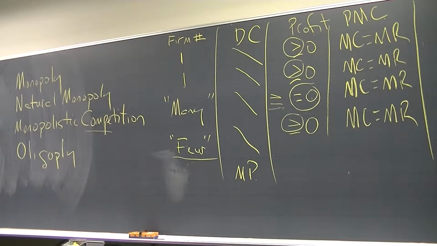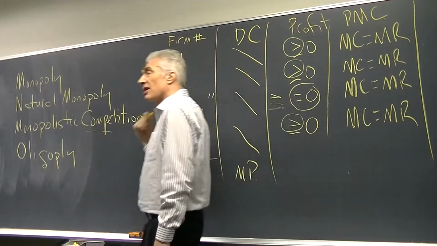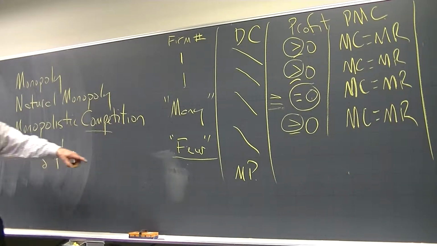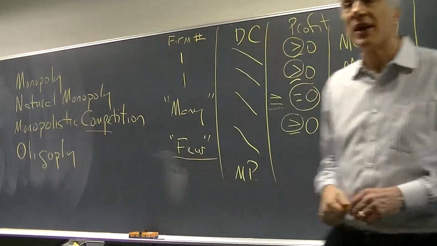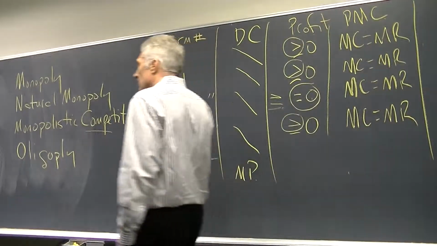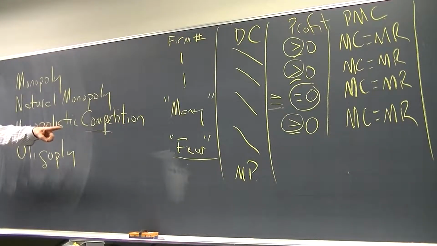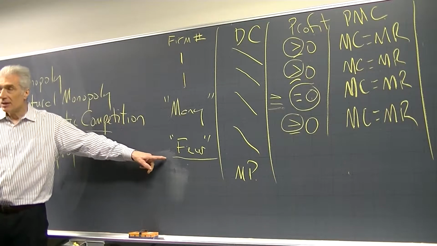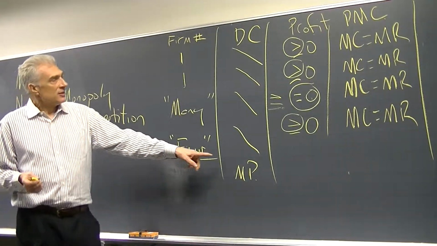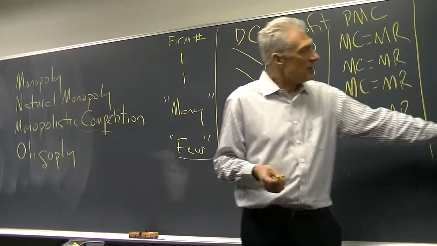So now you can understand there are a lot of similarities. In this chart, that's the one difference. Other than that, they're all the same. So now we have to figure out how we really tell the difference. We say there are different markets, but they're all kind of the same except for this outcome.